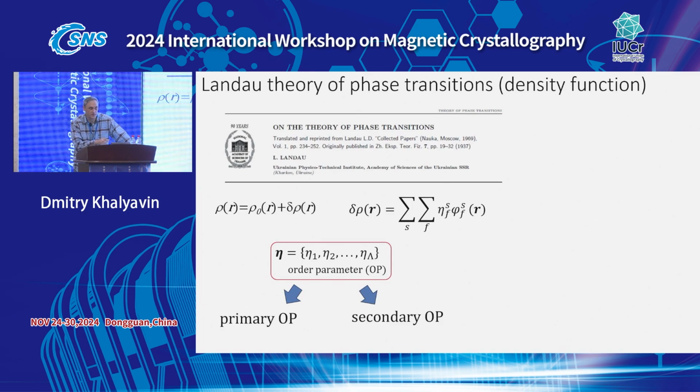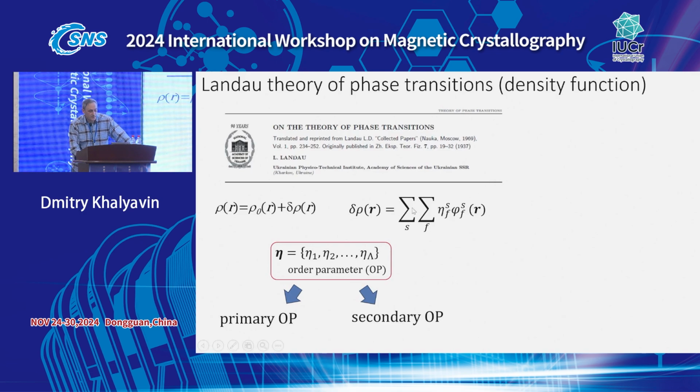This distortion can be anything: a magnetic moment, an atomic displacement or some cation ordering. It doesn't matter. That is the basic postulate of the Landau theory. He formulated his theory, probably in 1936, in the language of representation theory and group theory.